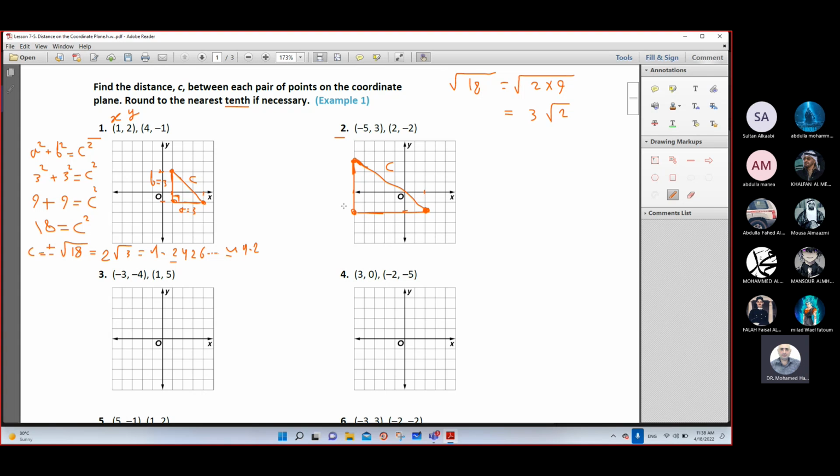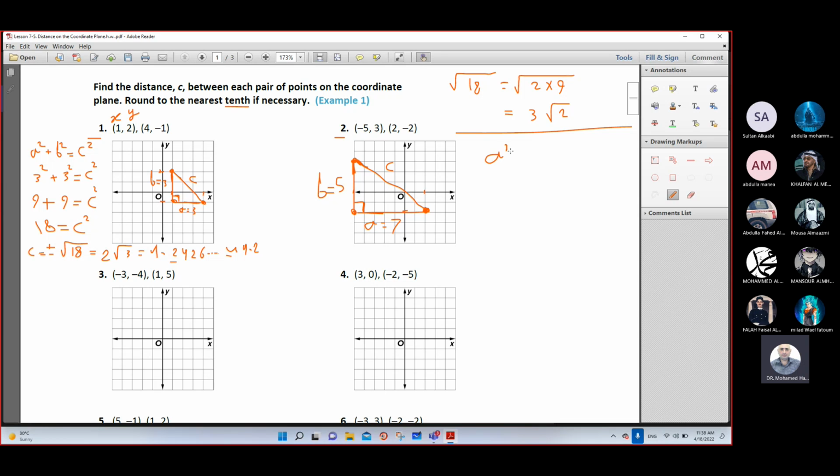Okay. So this is A. Count 1, 2, 3, 4, 5, 6, 7. And this is here B. Count 1, 2, 3, 4, 5. You have a right triangle, so you can use the Pythagorean theorem.